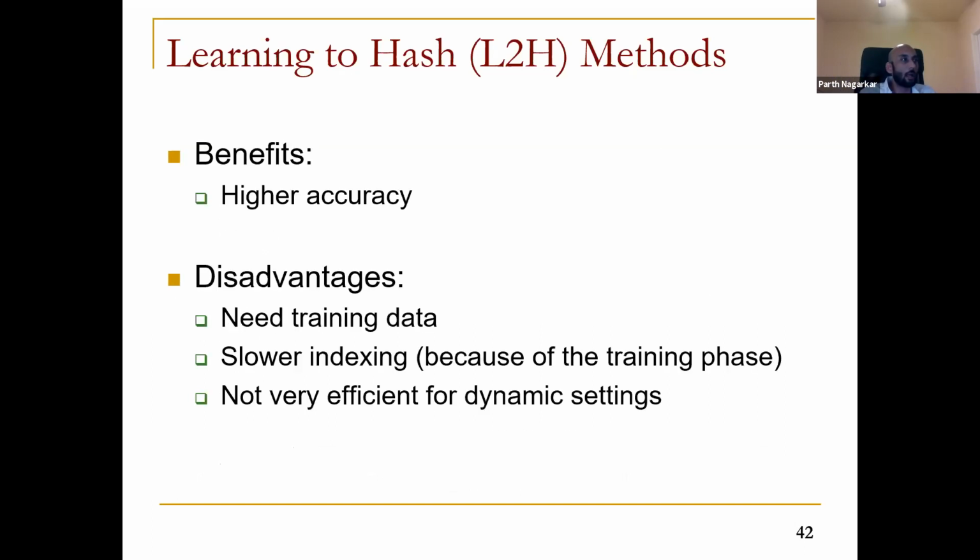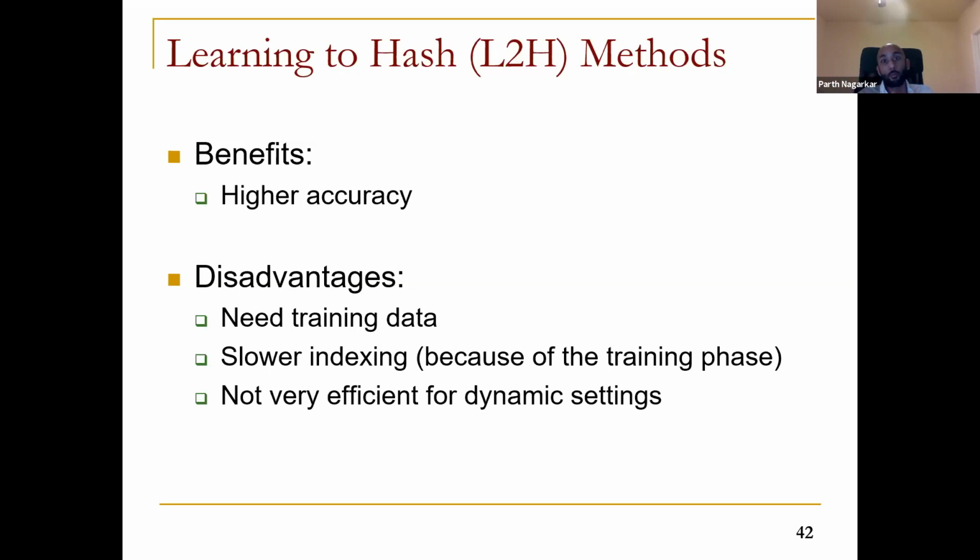Obviously the benefit is higher accuracy since you are learning the hash functions. You will get better accuracy, and disadvantages are, obviously you need training data.